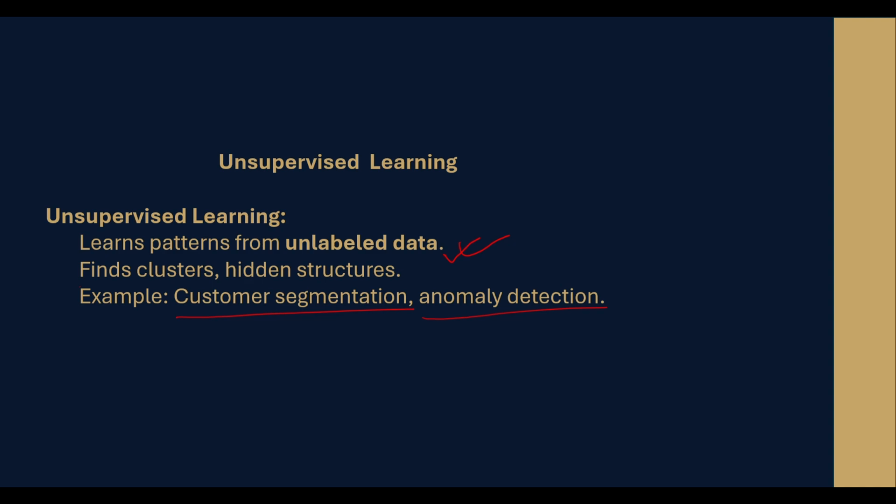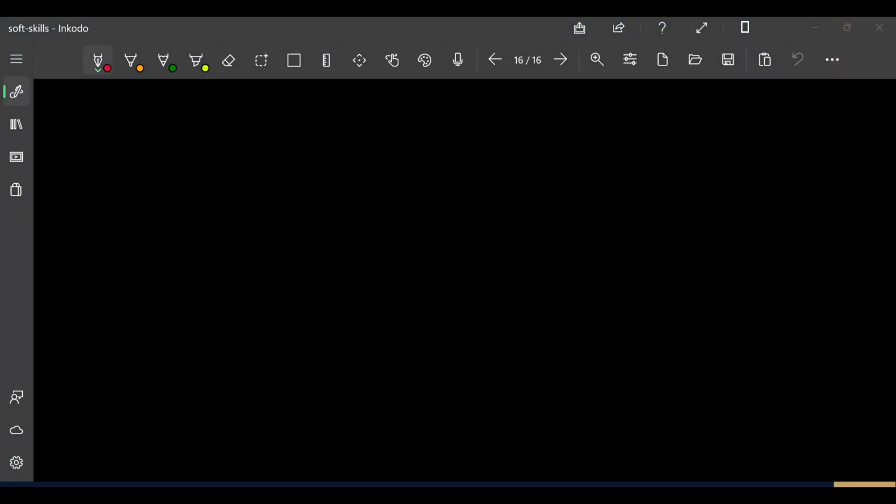Let's discuss it in detail. The algorithm tries to find the hidden pattern, structure, or grouping in the data without prior knowledge of the result. It is useful for exploring, clustering and pattern discovery. The key idea is the system is given raw data and asked to organize or simplify it. It is like giving a child a box of Lego pieces with no instructions and watching them sort and build based on shape or colors.